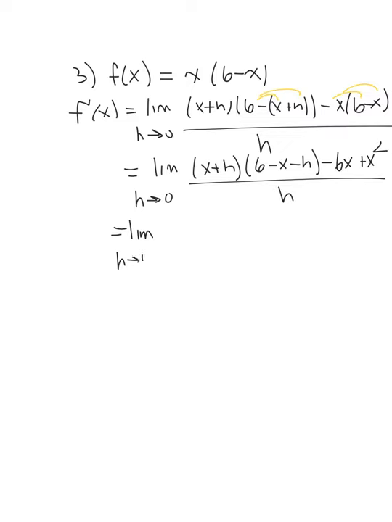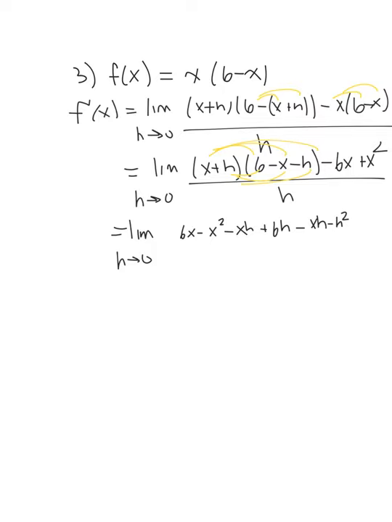The limit as h approaches 0, I am going to FOIL this guy out right here. So I have 6x minus x squared minus xh plus 6h minus xh minus h squared.